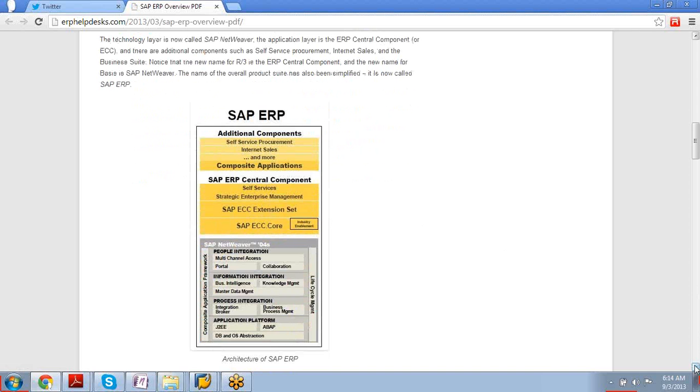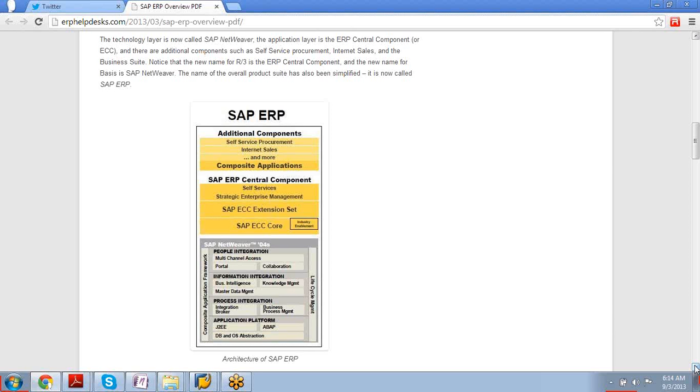I want you to take this architecture of SAP ERP, quickly take it down into your note, and put this chart in your reading room, wherever you are. Prepare a small chart of your own. Don't take a printout. Prepare a chart of your own.